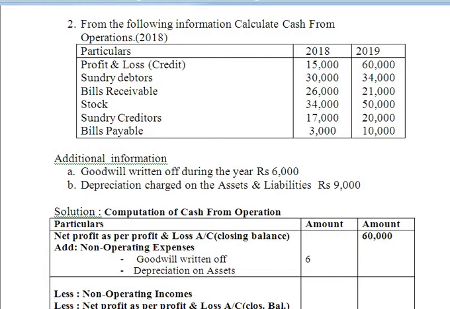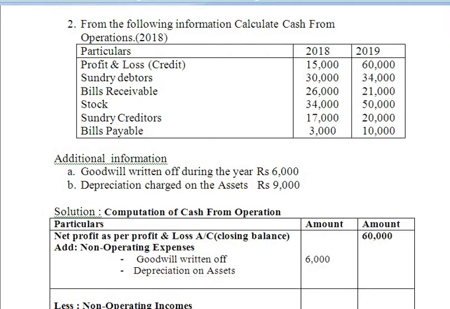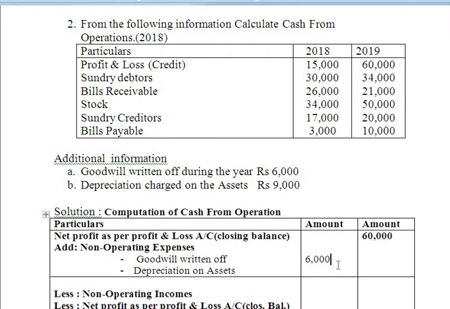How much is the amount? 6,000. And next is depreciation on assets. How much? Depreciation on asset is 9,000.